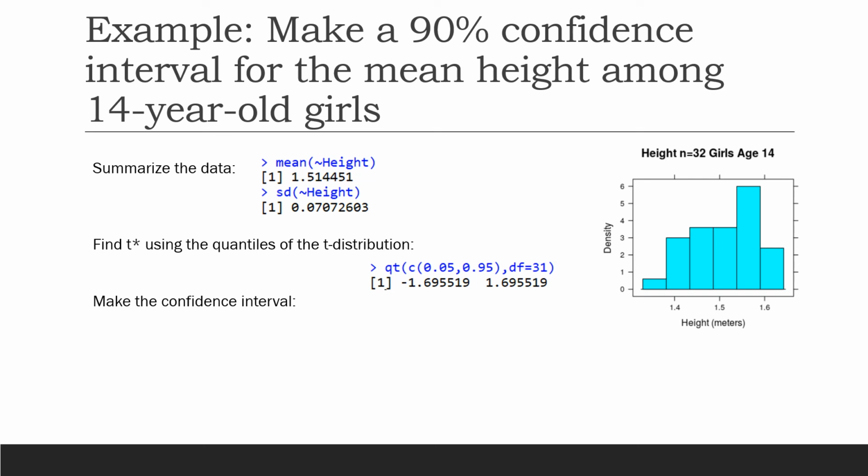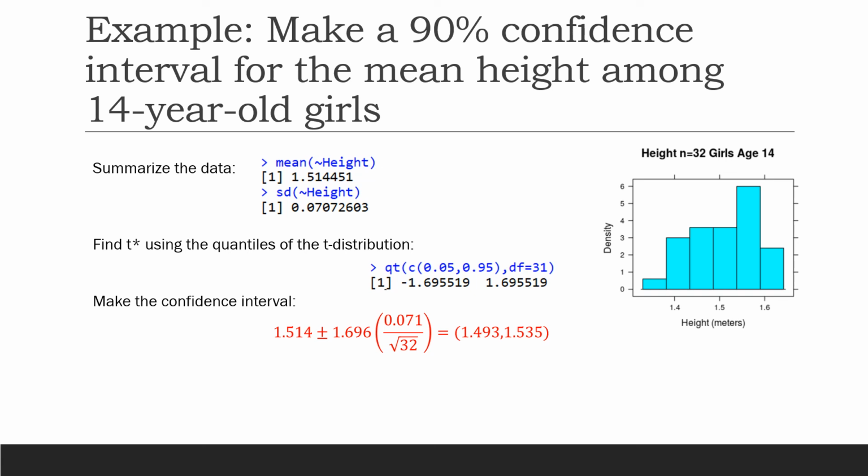Now when I want to make my confidence interval, I take my sample mean and I add and subtract my t star value, which I rounded to 1.696, times the standard deviation from my sample, 0.071, divided by the square root of the sample size, 32.